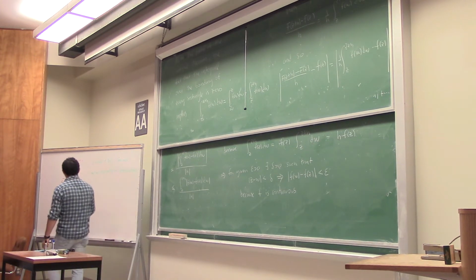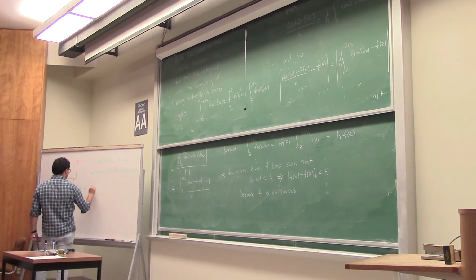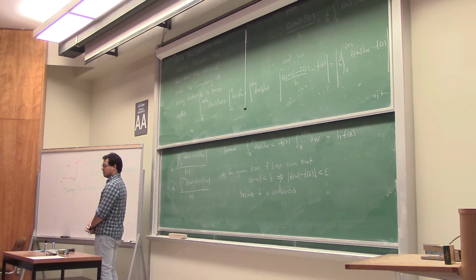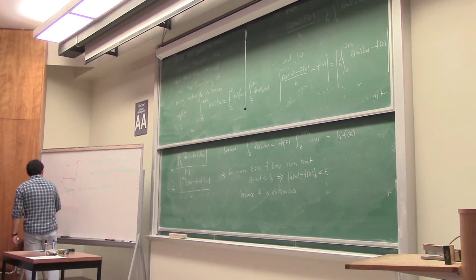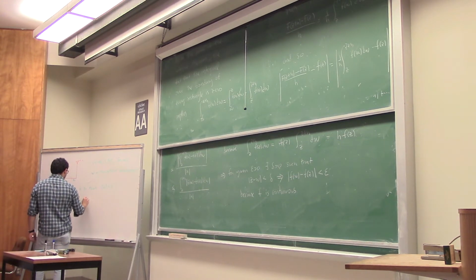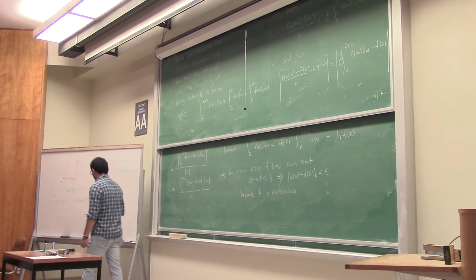So taking h so that the modulus of h is less than delta, we get that the absolute value of f of w minus f of z is less than epsilon.